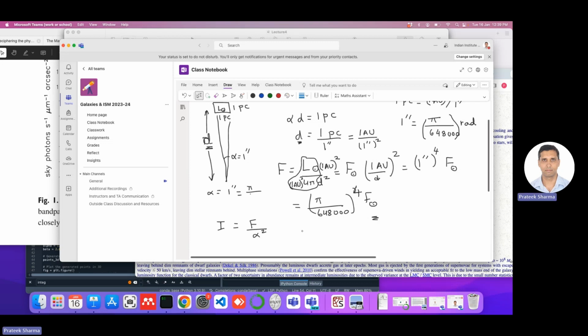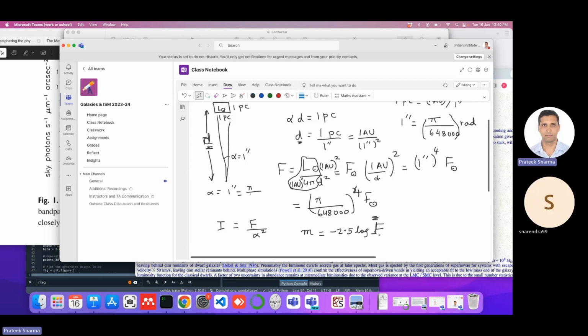The small m, the apparent magnitude, is equal to minus 2.5 log of F by F sun, right? And what is the small m for the sun? Its value is minus 26 or minus 27. So when you put F equals F sun, you get minus 26.